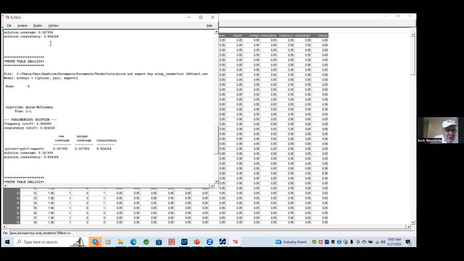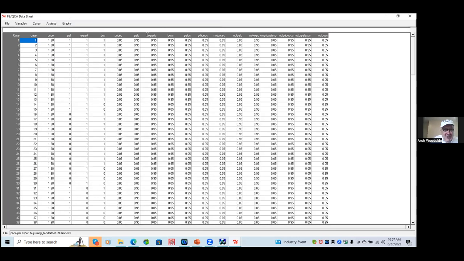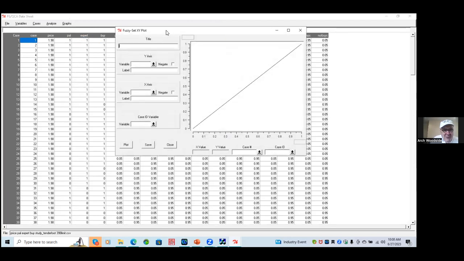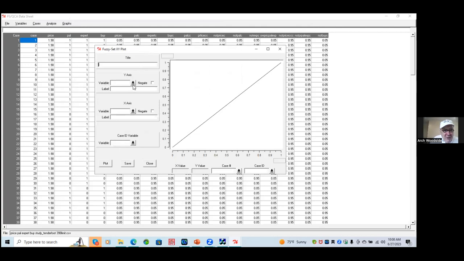And just to check together with you, let's also look at the XY plot for non-expert, I'm sorry, not buy, predict not buy by non-expert.